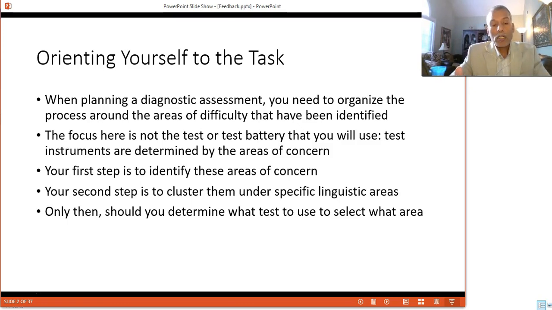So again, the focus is not what testing tool you are going to administer initially. The focus is identifying the areas of concern and then finding the specific tests that are the best tools to dig deeply into these concerns and to identify if indeed there is a disability in this area.